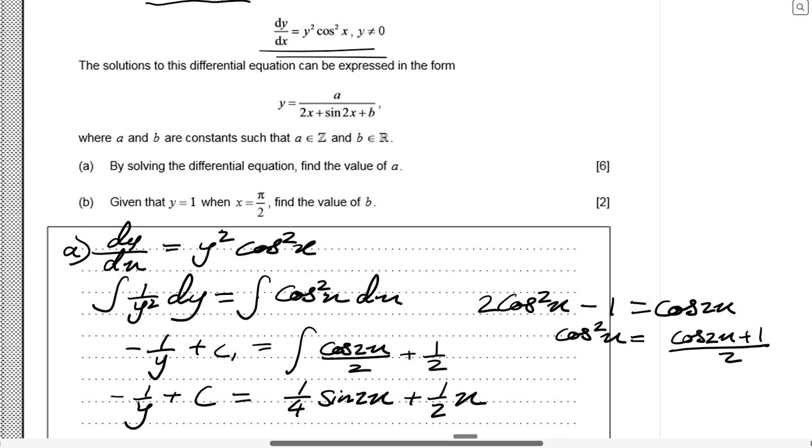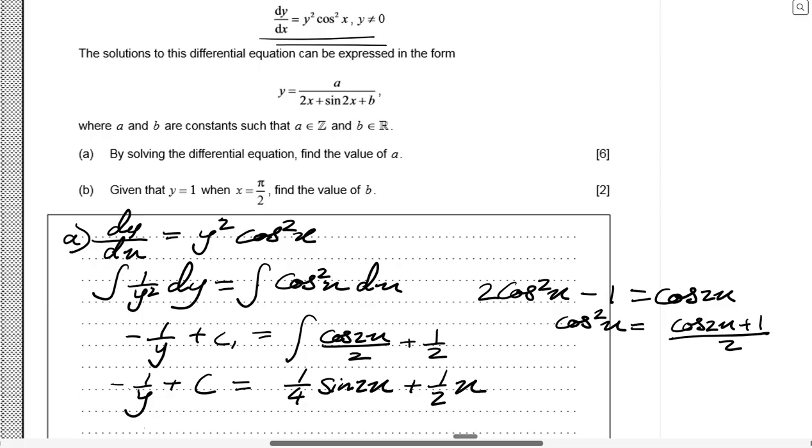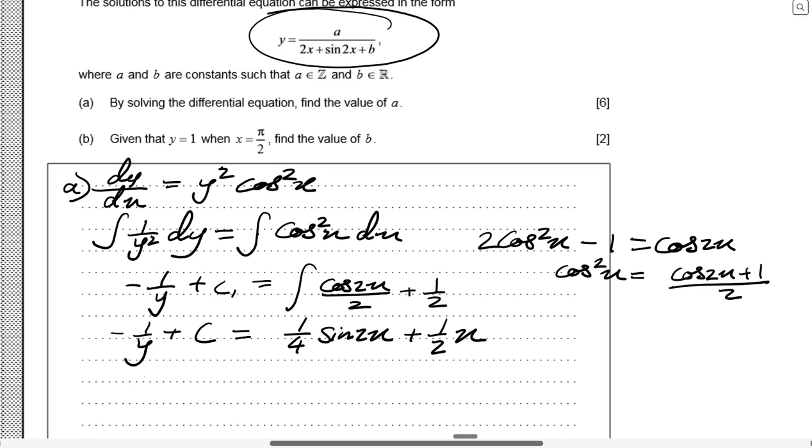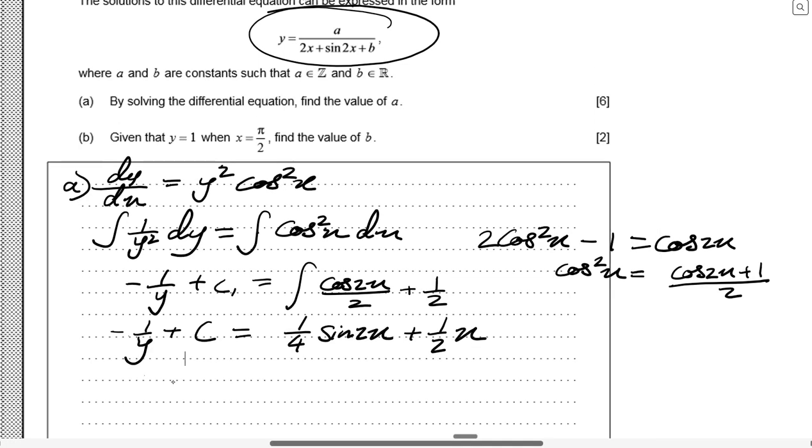Now, what do we have to do? Solving the differential equation, find the value of a. We need to find the value of a. So we need to bring our equation into this form. So let's do this. Y comes up. Let's do 1 over y is equal to, and we can say this is plus c, and even bring it to this side and make it plus c.